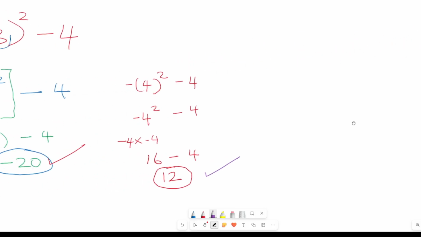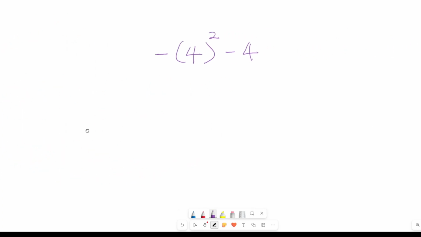Is that correct? Yes. Okay, so at this point, we still need to depend on BODMAS to solve it correctly. And we will see which team was correct, whether the correct answer is minus 20 or 12.